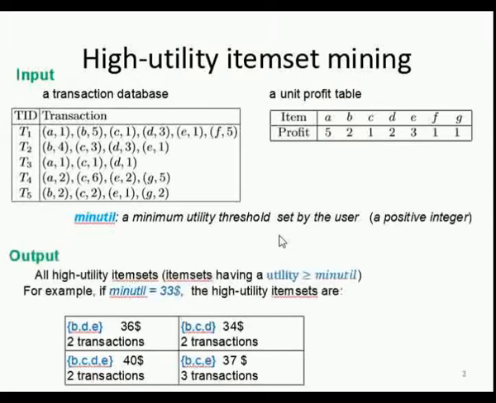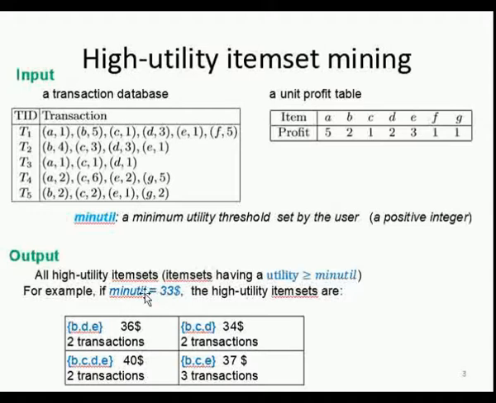So in my example, if we set the minimum utility threshold to $33, we will find all the patterns that generate at least $33 in the database. So for example, if you look at the bottom here, there are only 4 patterns. This is the solution to the problem. So we know, for example, that BDE make more than $33.